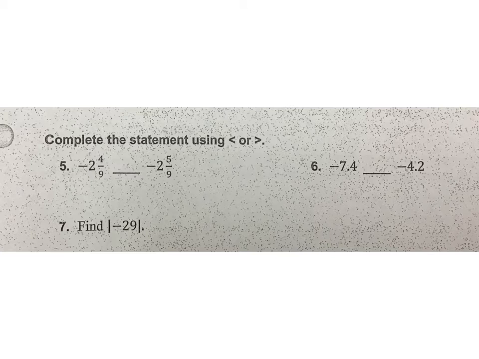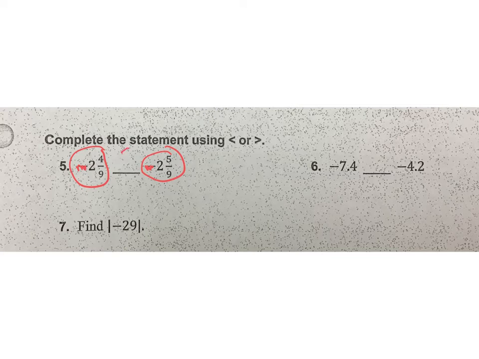Here is where we are comparing two of these numbers. We have negative 2 4/9, negative 2 5/9. Now, one thing I do is I sometimes figure out which one, if they're positive, is bigger. And then because they're negative, I just do the opposite. So I have 2 4/9, and then I have 2 5/9.